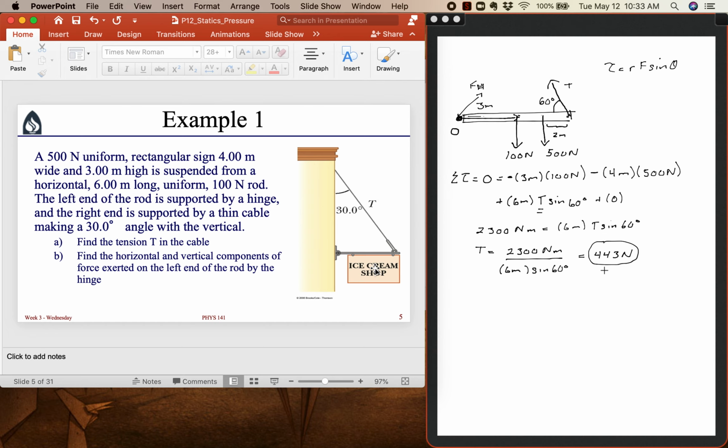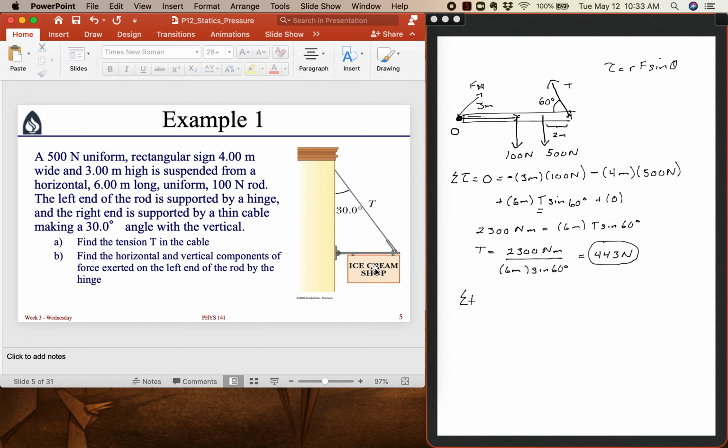So then for part B, I actually do want to find the horizontal and vertical components of my hinge force. I want to find what's the X component of the hinge force and the Y component of the hinge force. So in order to do that, I think it's most convenient to sum the forces in both the X and the Y direction.